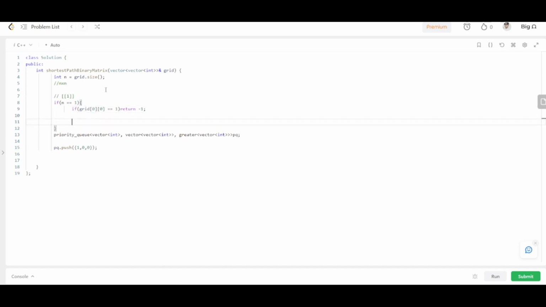Otherwise, if this contains 0, then the answer would be 1, because the source and destination cells are the same, and we have to visit exactly one cell to reach from the source to destination. Okay, this is basically the base case.